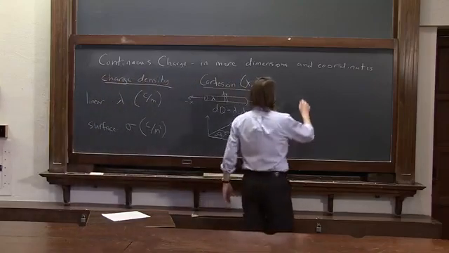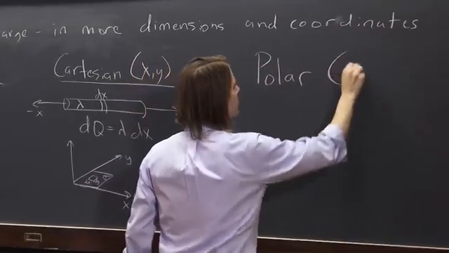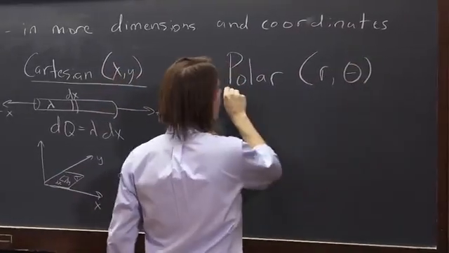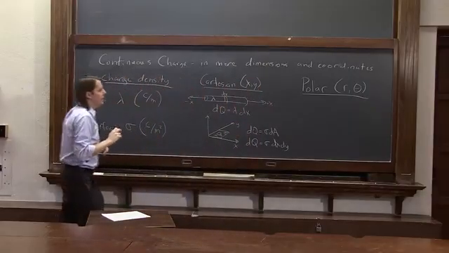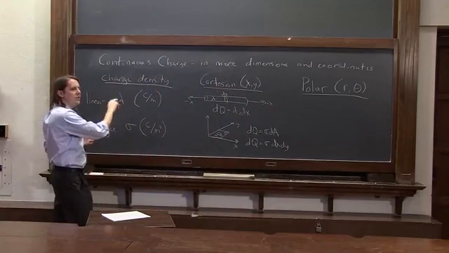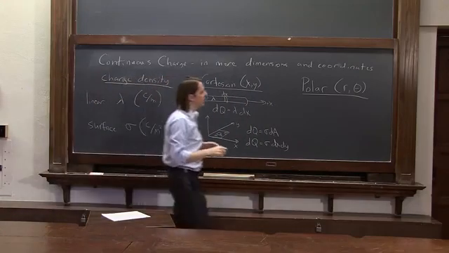You may also want to use, for some problems, polar coordinates. So these are usually given as r, theta. And you can have problems that are still 1D charge, linear charge density, but in polar coordinates. And the example is this.